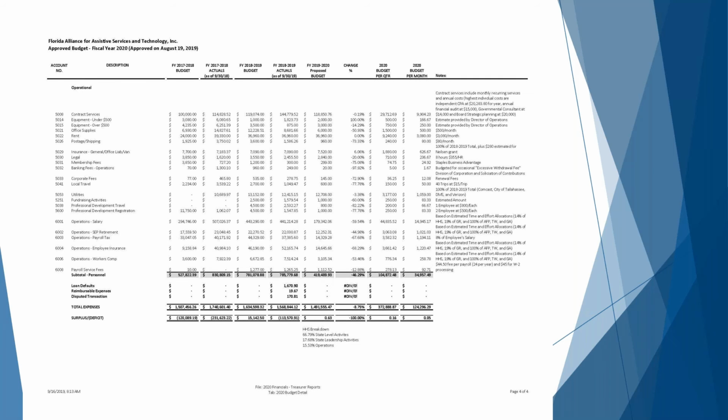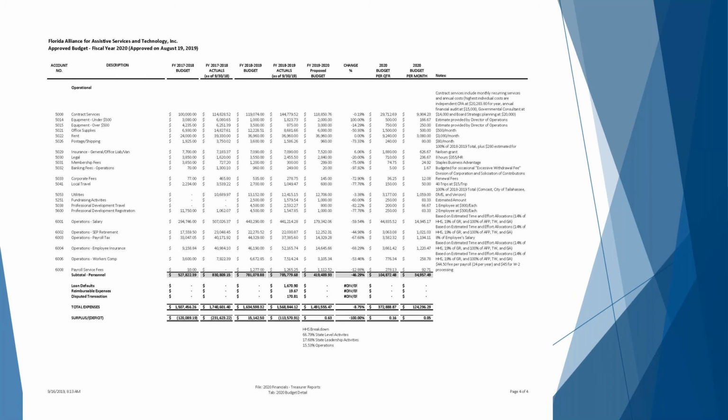Our operational costs, these are what we consider our overhead, so what we need to operate our nonprofit organization here in Florida. You can see that the contract services, the 5008, that's a big line item because we include a lot of little things and big things in that, which are described in the notes there.